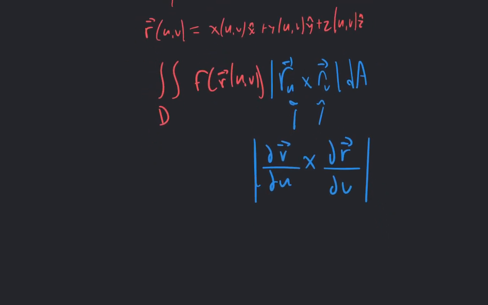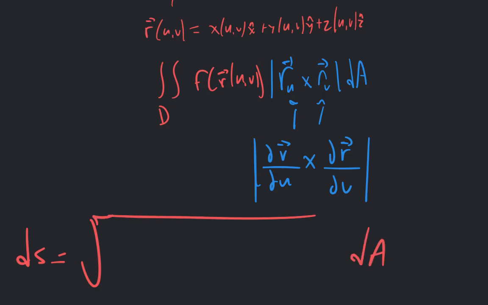Sometimes you'll see it written in a really weird way, but it's basically dS is equal to the square root, and then you have something like the Pythagorean theorem.